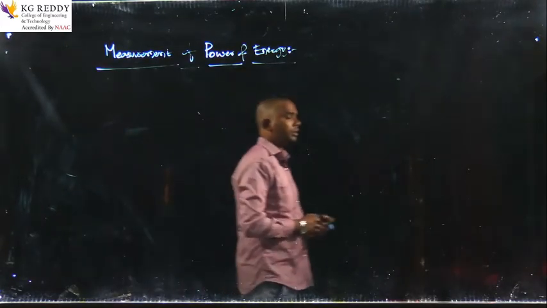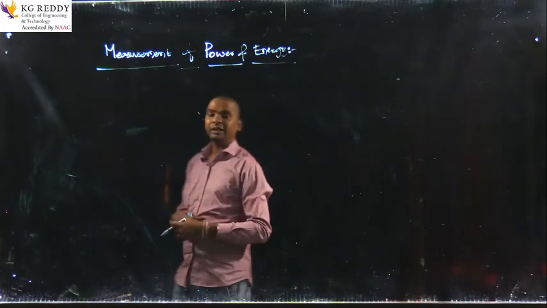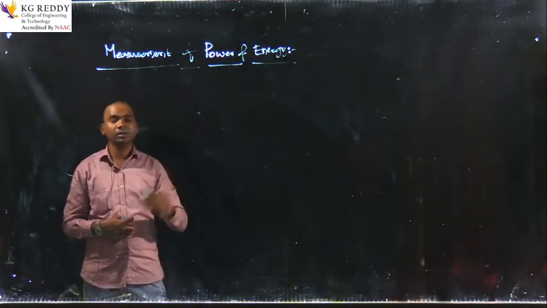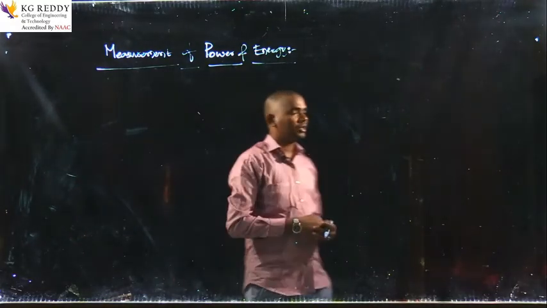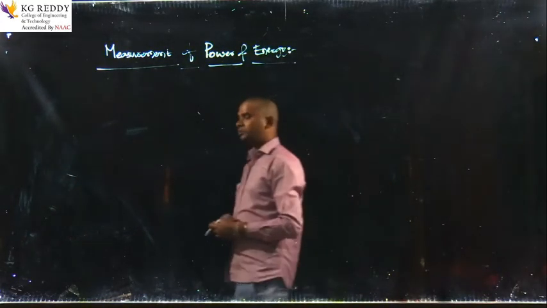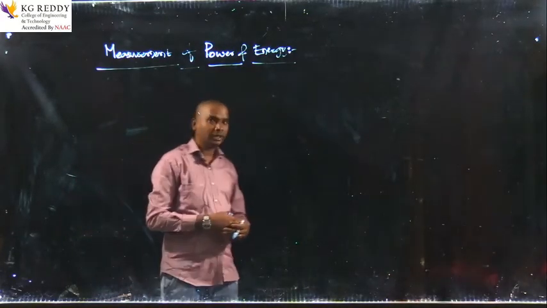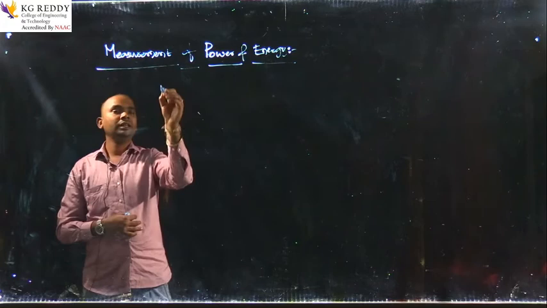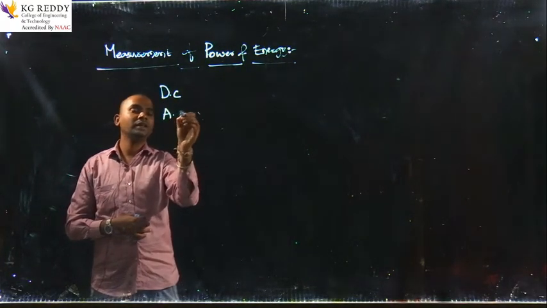Here the measurement of power is carried out by using different types of instruments, and we have different methods for measuring power and energy. For DC measurements we will be using one kind of method, and for AC measurements we will be using another kind of method.